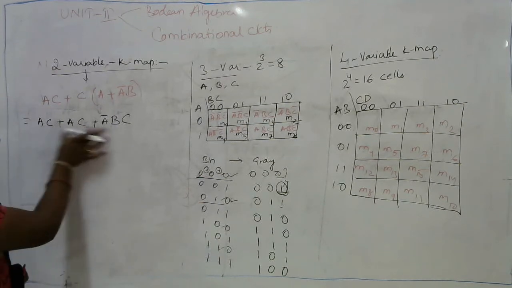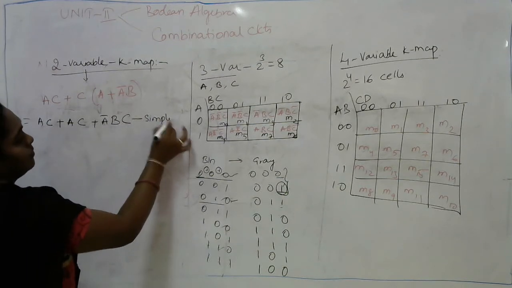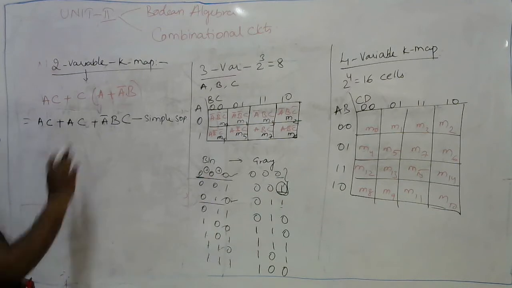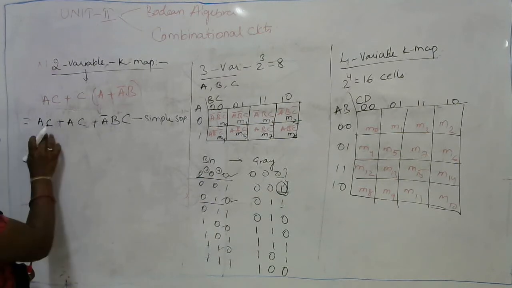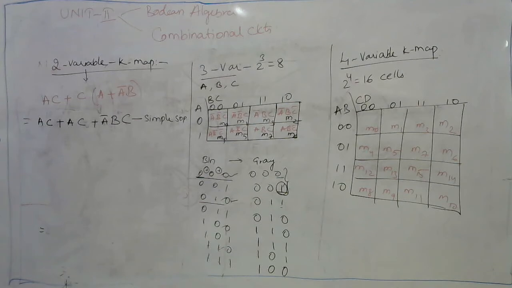So whatever expression we have written, it is a simple SOP. Here AC plus AC is nothing but A plus A is A, so we can write AC plus AC is equivalent to AC.